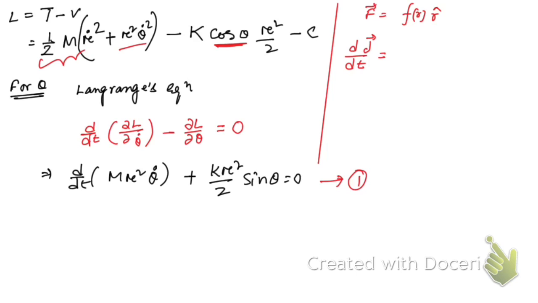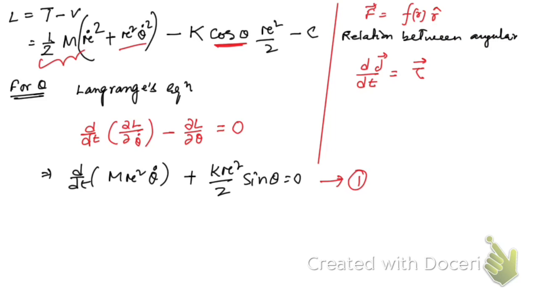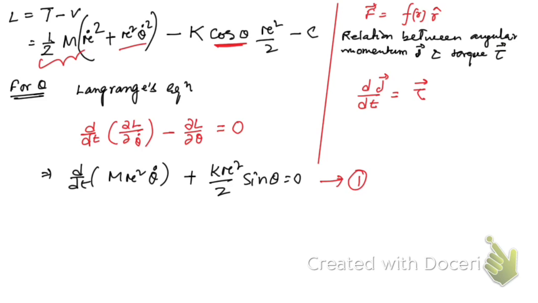The relation between the angular momentum J and the torque tau is given by this relation, right?